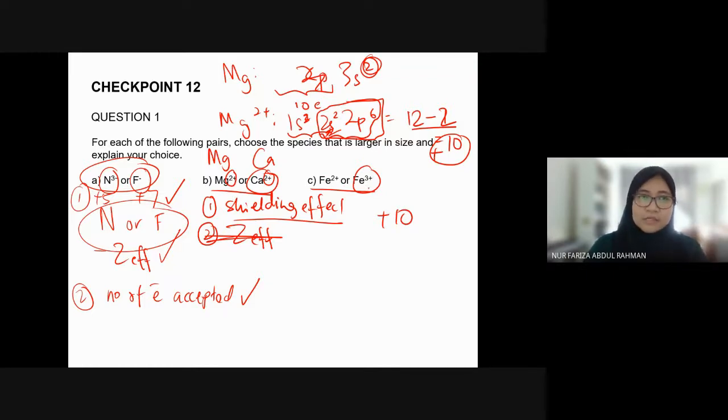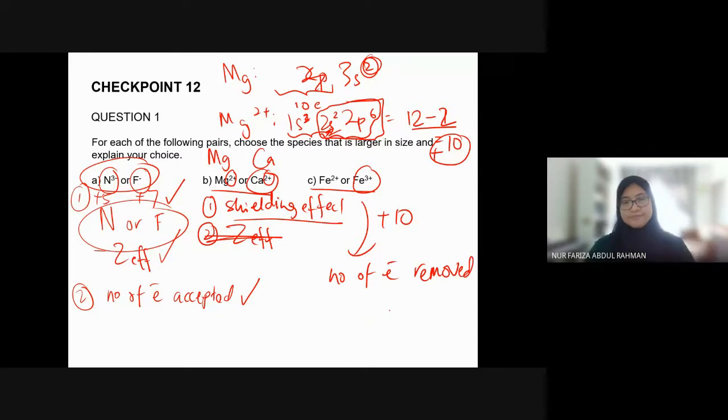Lesser shielding effect means weaker attraction between nucleus and valence electrons, and the size becomes smaller. You have to highlight the number of electrons removed.